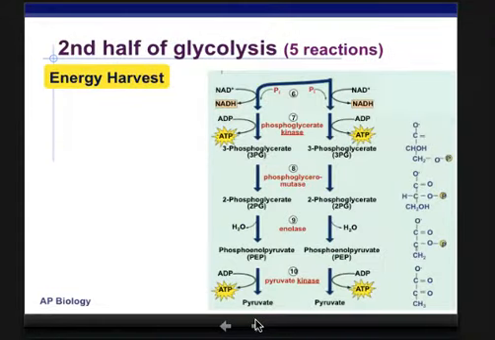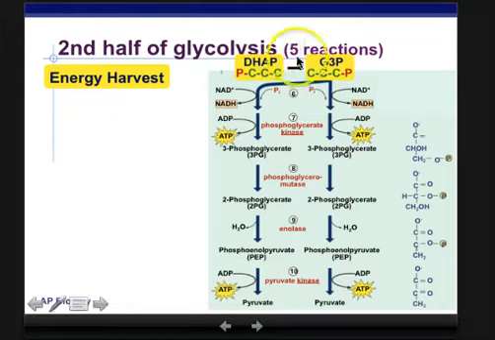So the second half of glycolysis is another 5 reactions. This is that isomer change we were talking about earlier, the one that we really want to be using, G3P, this 3-carbon sugar with the phosphate on it.